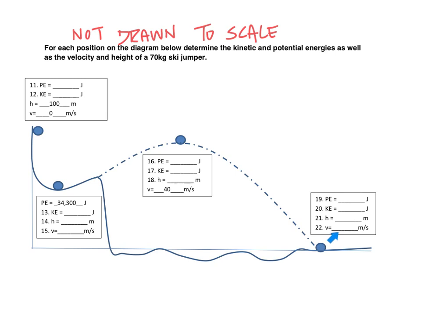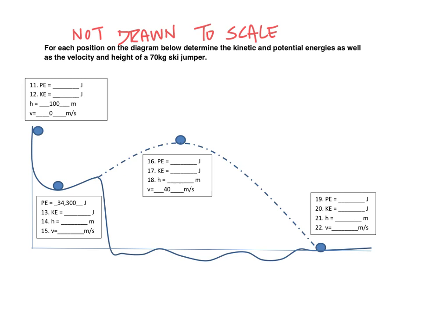Okay? So, let's think about this a little bit. My object here is at its highest point. So anything that's at its highest point, especially if it has a velocity of 0, it's going to have all potential energy. If it has a velocity of 0, then that must mean that the object is not moving, and the kinetic energy must also be 0.